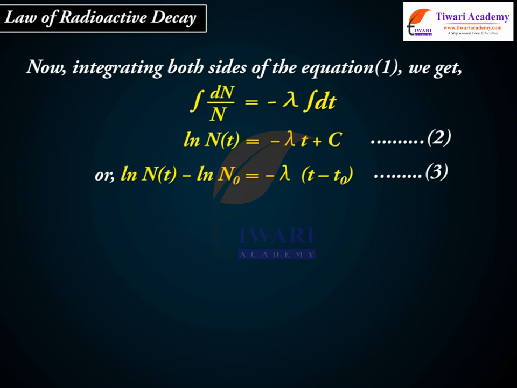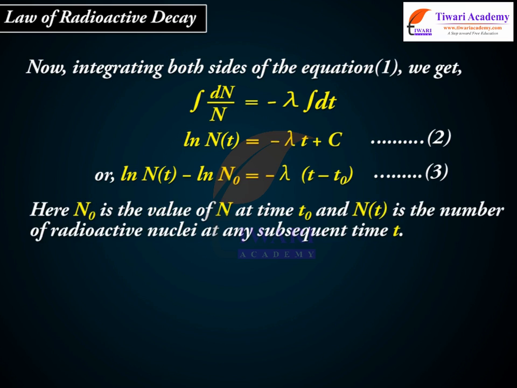Or log N(t) minus log N naught is equal to minus lambda times (t minus t naught). Equation 3. Here N naught is the value of N at time t naught, and N(t) is the number of radioactive nuclei at any subsequent time t.